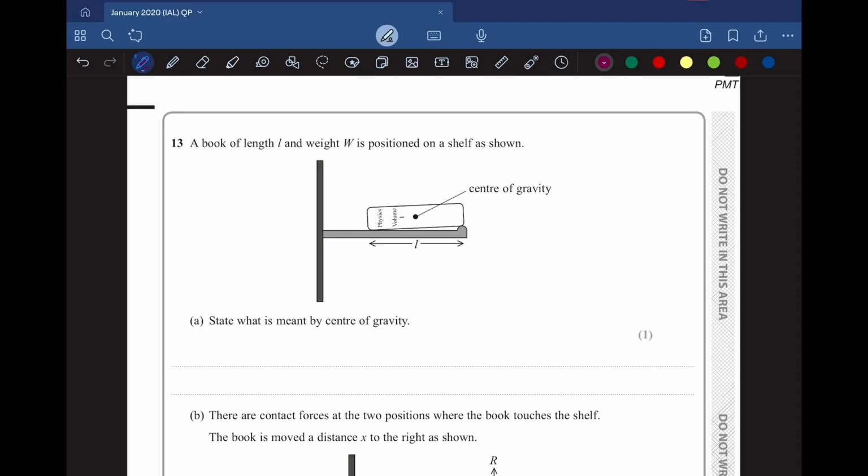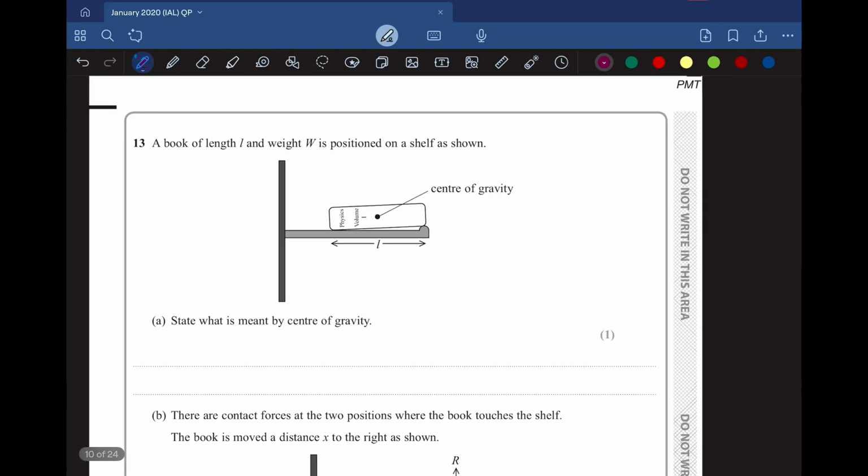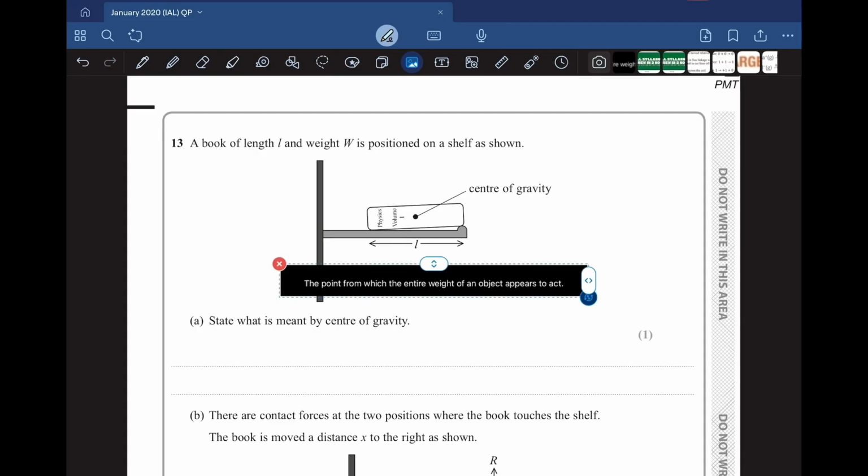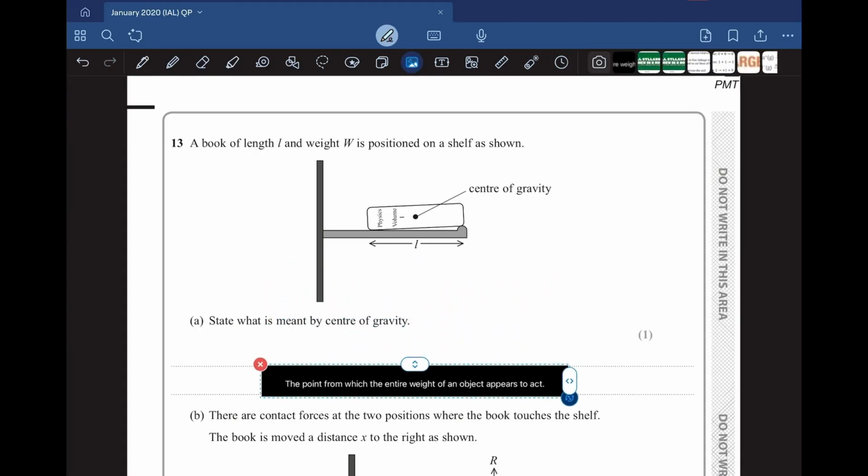The question says a book of length L and weight W is positioned on a shelf as shown. State what is meant by the center of gravity. Now we know the center of gravity is the point from which the entire weight of an object appears to act. So basically this is going to be our answer.